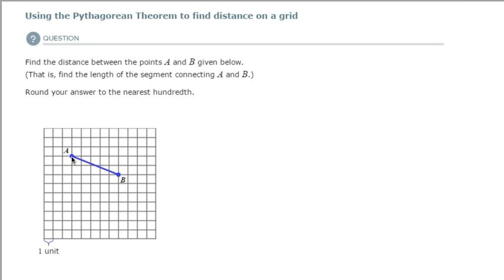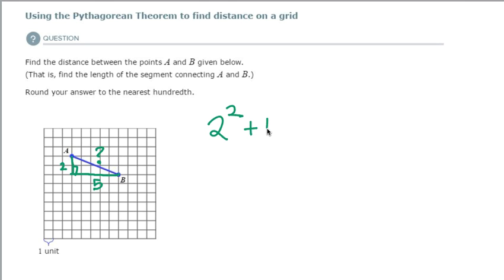So what you notice is as I counted to go from A to B, I went down 2, and I went to the right 1, 2, 3, 4, 5. And by doing that, I actually got the lengths of the legs for my triangle. Now, because I went horizontal and vertical, I have a right angle here. So that means to find this mystery length, I can use the Pythagorean theorem.